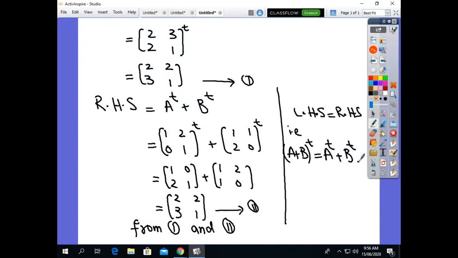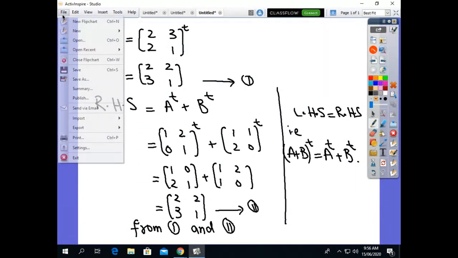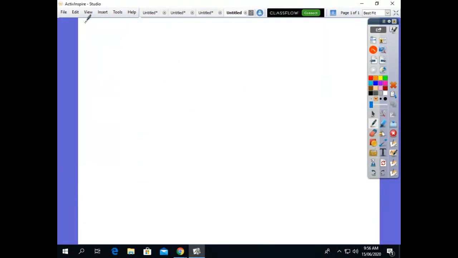Now we come across another definitions. Symmetric and skew symmetric matrix. Symmetric matrix.